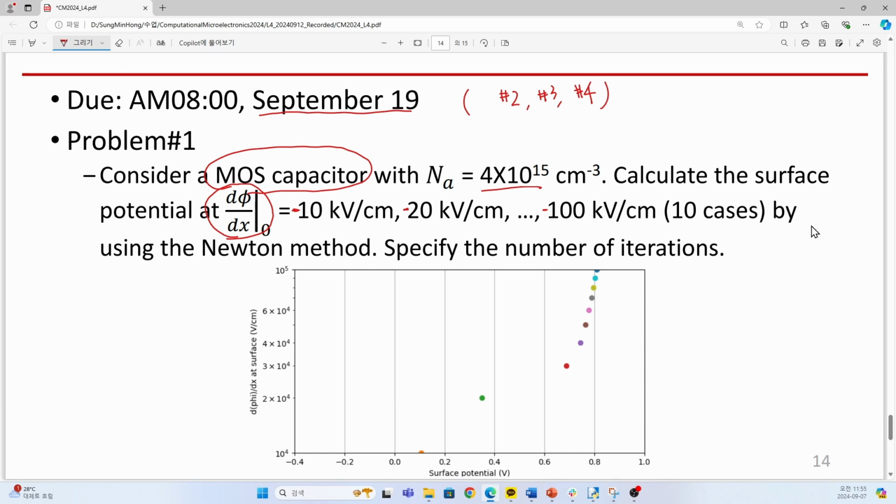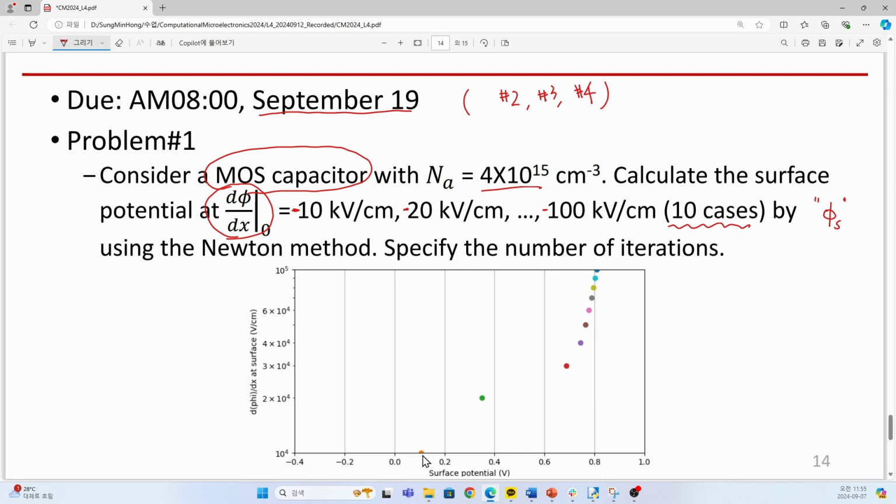So I wanted to ask you to calculate positive phi s value instead of negative phi s value. Anyway, we have 10 cases. Then please calculate the surface potential corresponding to these 10 surface potential gradients.